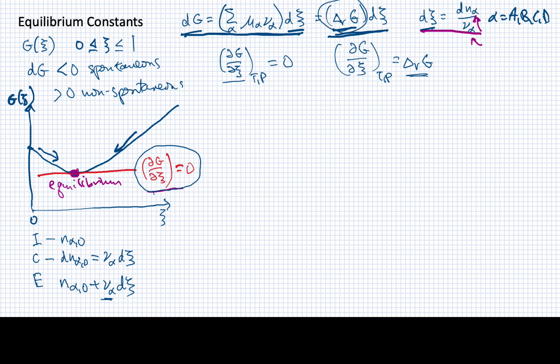In other words, this is telling us what the slope of G is at different points in the reaction. So what we're looking for is what value of this will give me 0 when I reach it. So at equilibrium, this is the condition that I need to meet.